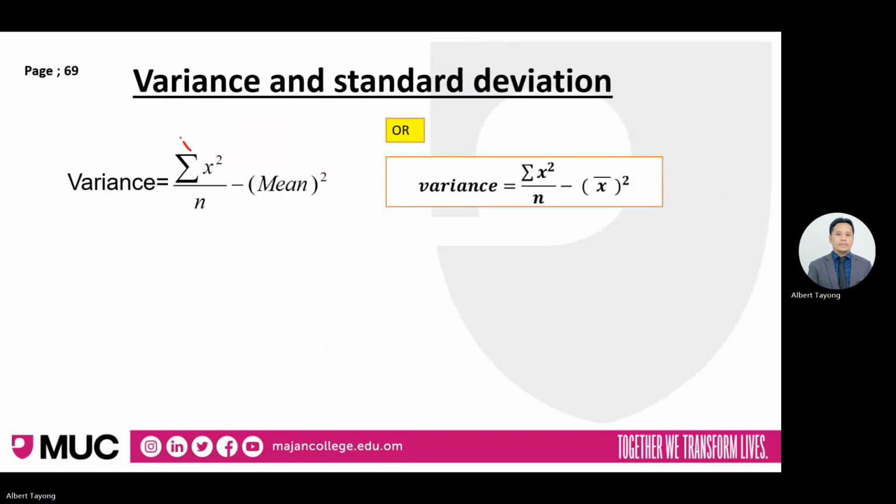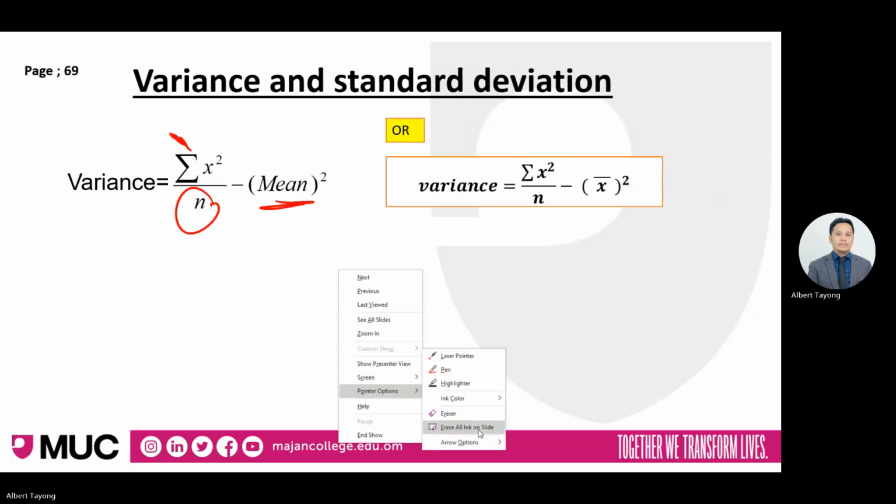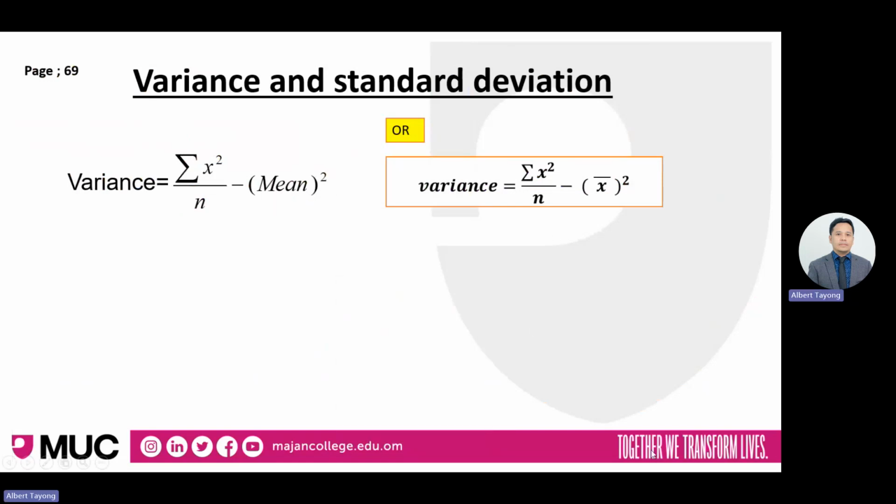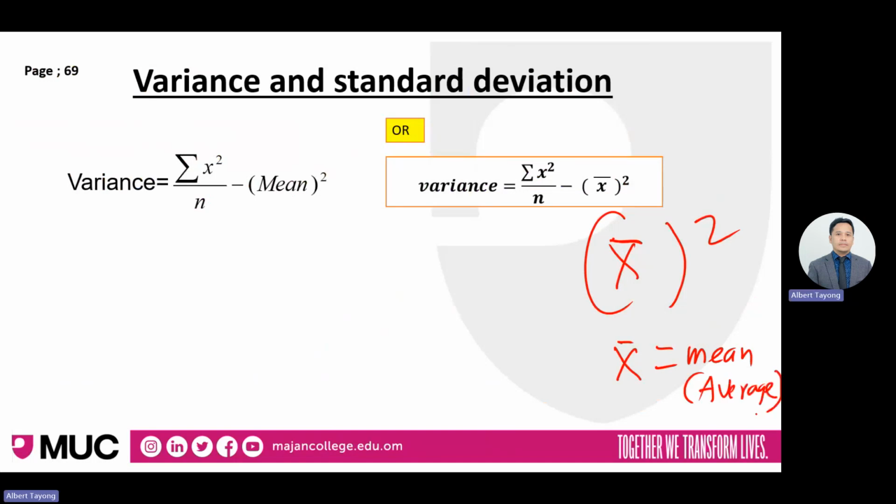This summation, or sigma x squared over the number, minus the mean squared. The mean is x bar, something like that. Okay, x bar is the mean or the average.